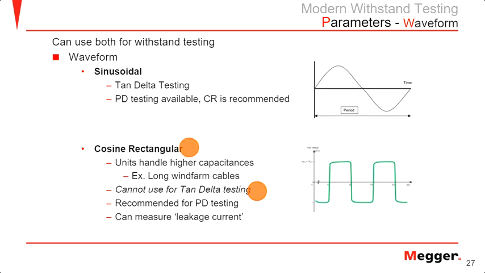You cannot use this for tan delta testing because that can only be done with a sine wave. It is recommended for doing PD testing because it has a tendency to excite those partial discharges more easily compared to a sine or a DAC wave. And it can measure leakage current, so you will have a leakage current value that you can correlate to what your leakage current is doing.